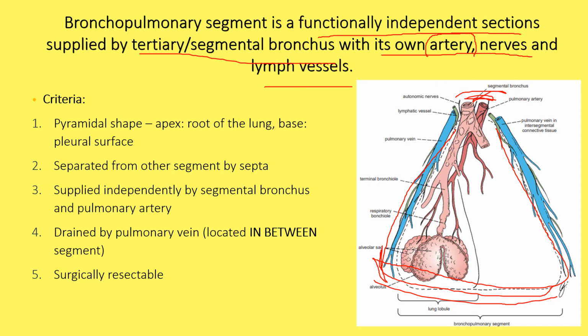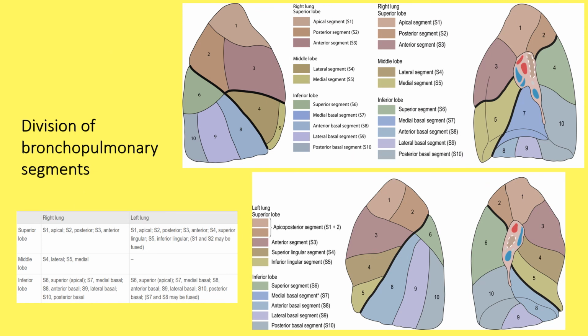Because of these features, it is surgically resectable. You can easily remove the bronchopulmonary segment during surgery. Since it can be resected, it can be numbered.